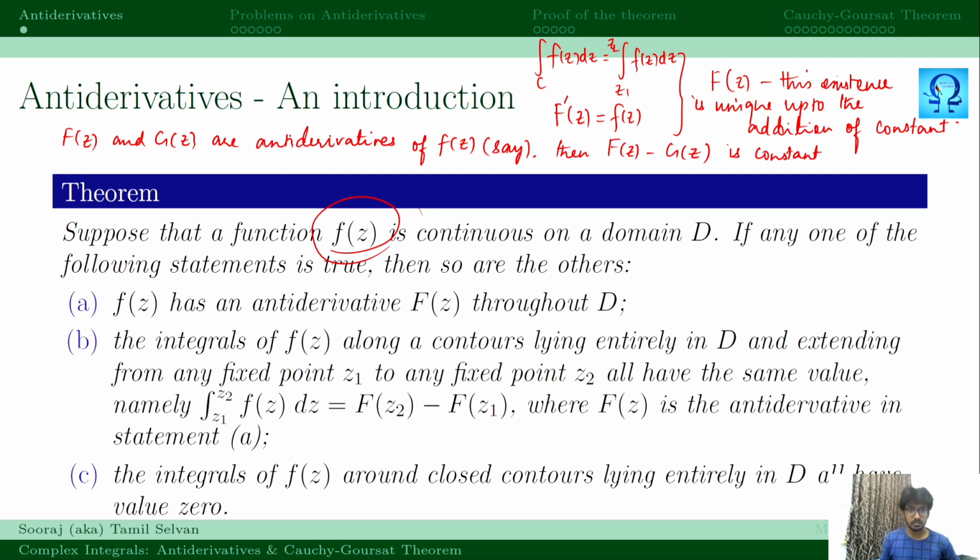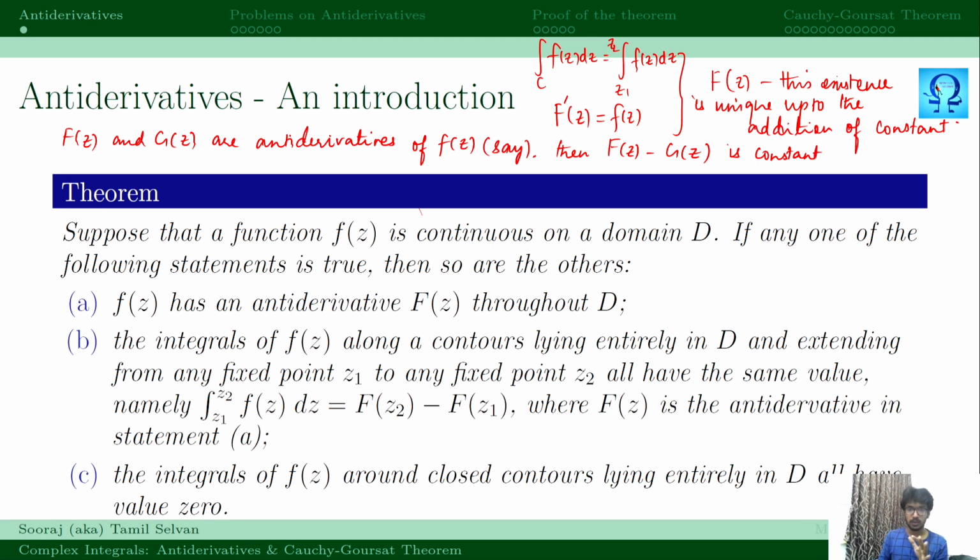Here we have a theorem that tells us that the function is continuous in a specific domain D. Then if any one of the following statements is true, then so are the others. Here they are not giving any guarantee that for every function which is continuous in a domain, the existence of an antiderivative is true.